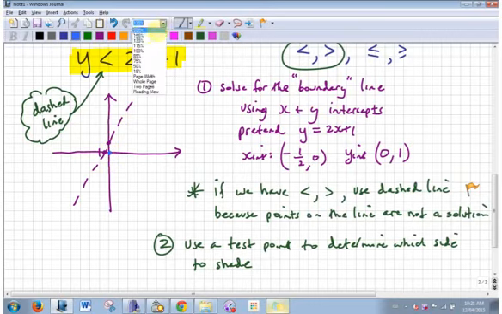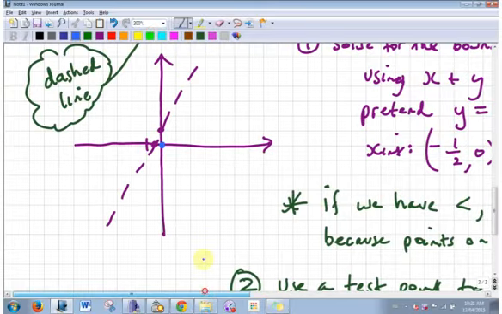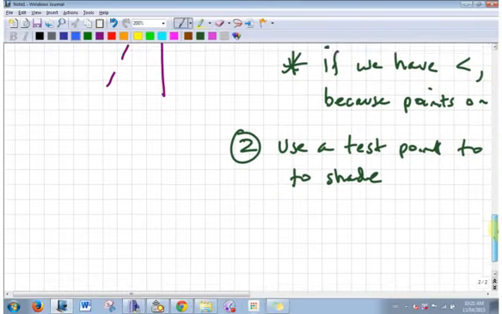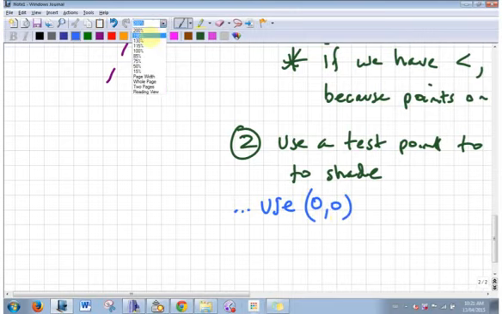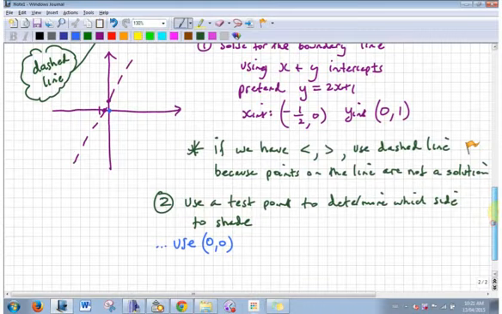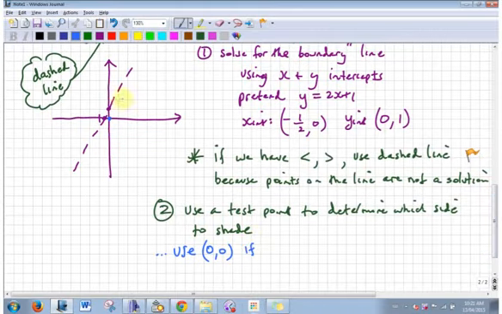Yeah, it's the right side or the lower side. So if you can, use 0, 0. If it's not clear where that point is, then I have to use a different point. You can use whatever point you like, but this is the easiest.